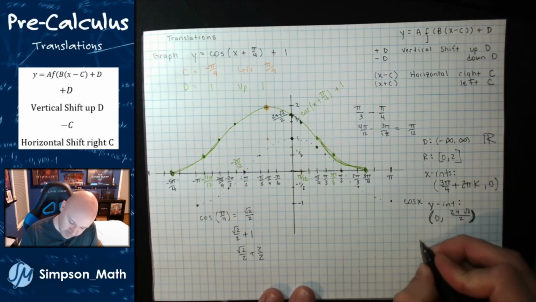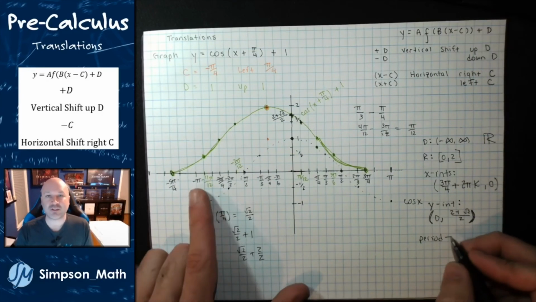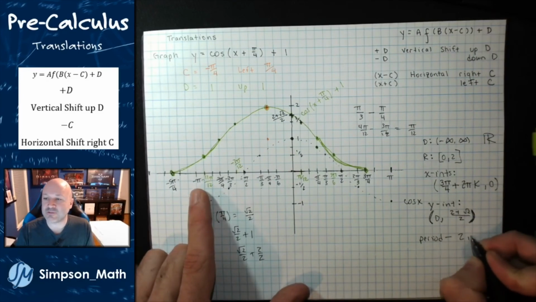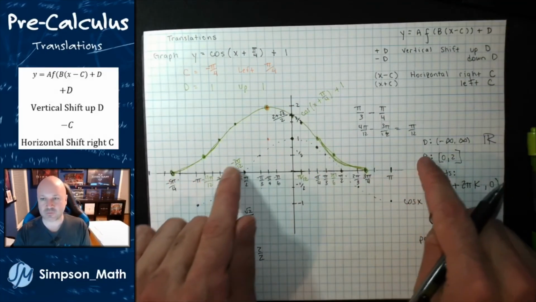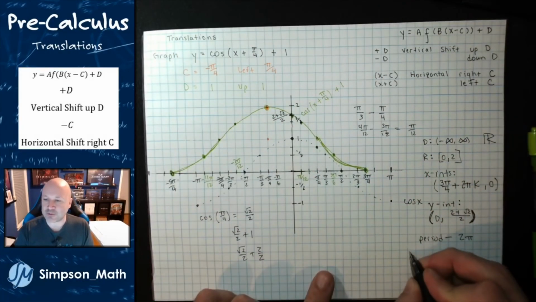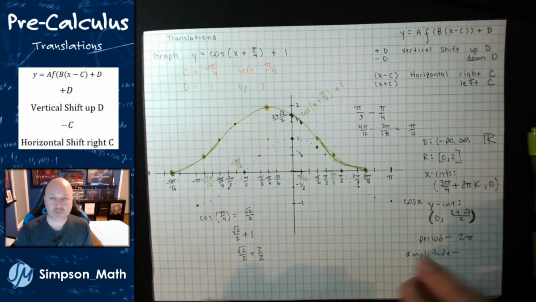Period. Unchanged. It still takes me a distance of 2 pi to repeat myself. Amplitude. Unchanged.